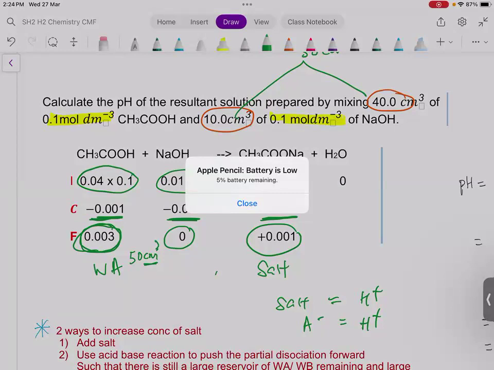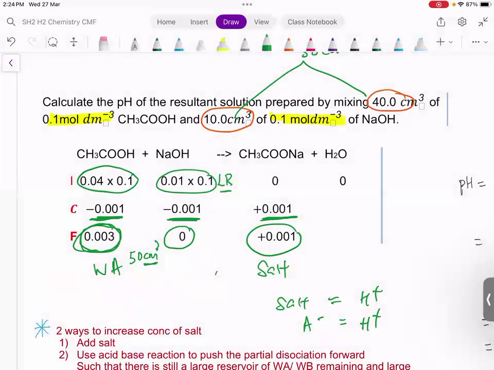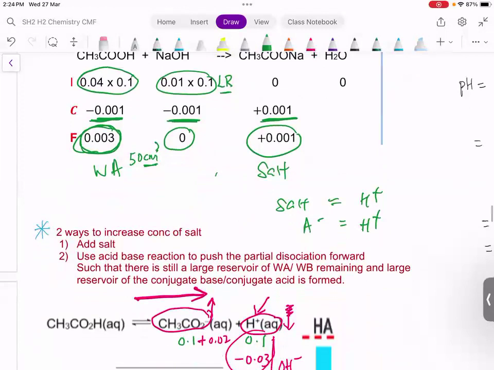Okay, so with this, there are two ways to increase the concentration of salt. Then I would like you to copy this paragraph down. Can you help me copy this down? There are two ways to increase the concentration of salt. One will be just to add the salt. Another way will be through an acid-base reaction.